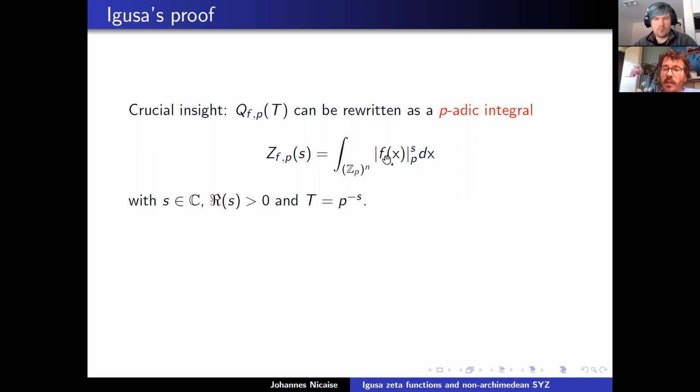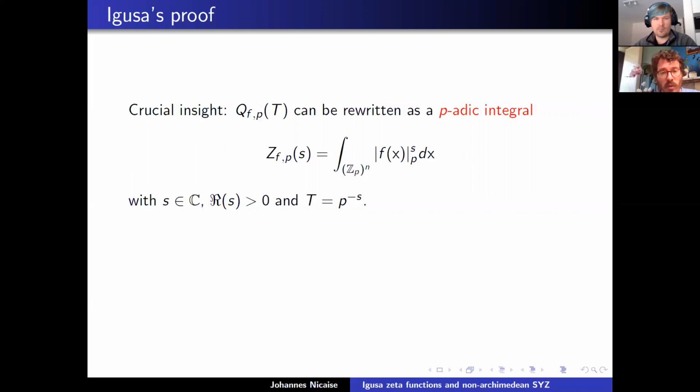The function we integrate is the p-adic absolute value of f raised to our complex power s. And we integrate with respect to the Haar measure dx on Z_p^n. And so, if you haven't seen these p-adic integrals before, that's okay.